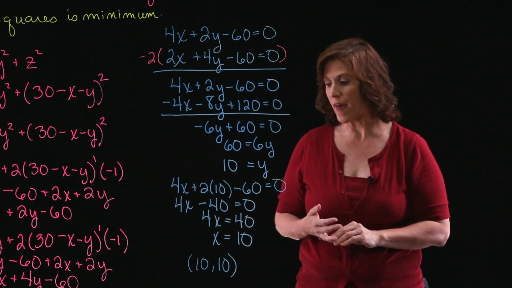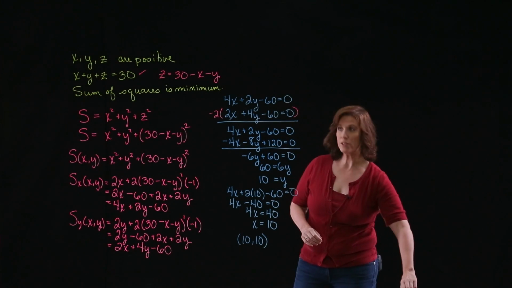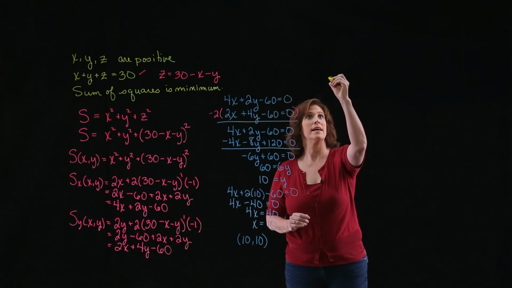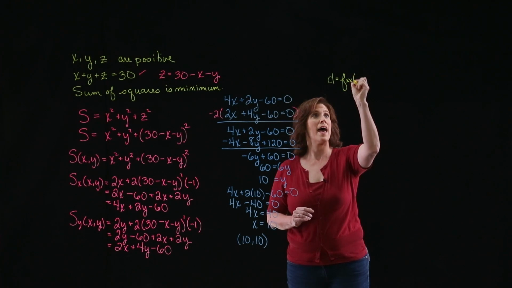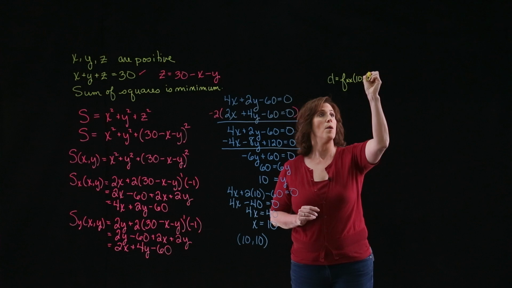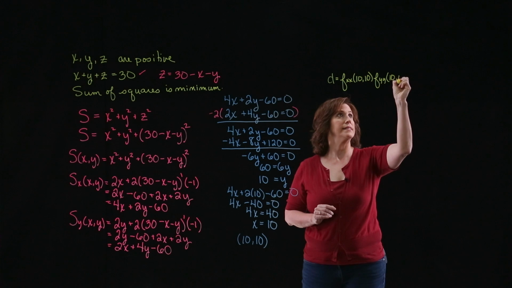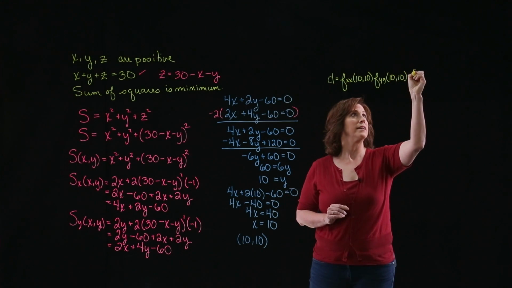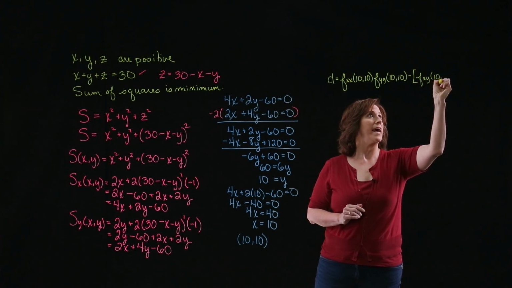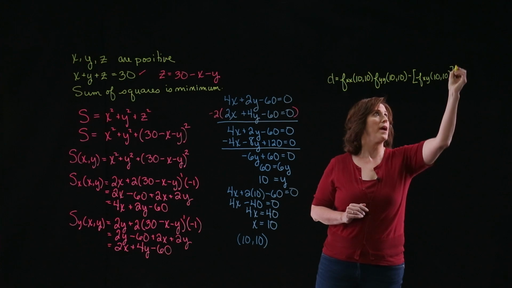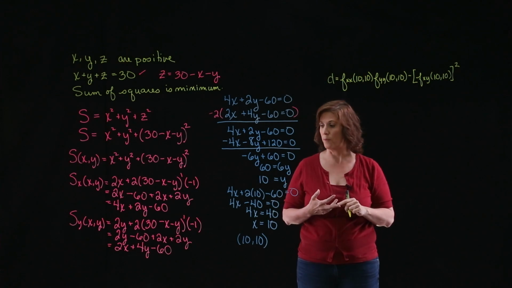Now I have to determine whether that critical number is a minimum, a maximum, or maybe neither. So I'm going to use my formula that says that if I take the second partial with respect to x at the point (10, 10), multiply it by the second partial with respect to y at the point (10, 10), and then subtract the mixed partial at (10, 10) and square it, we're going to look to see whether this is positive, negative, or equal to 0.